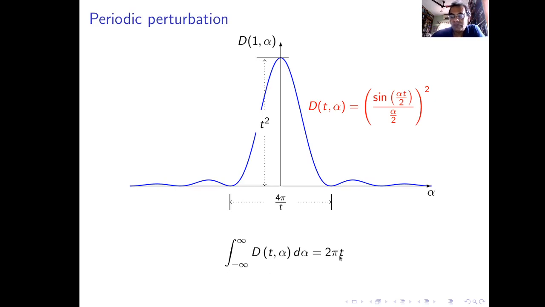So 1 by t times d_t alpha, this integrand, is something which becomes very high and very narrow as time increases, and in the limit of very large t, 1 by t d_t alpha is actually 2 pi delta alpha, because the integral or the area under the curve stays the same as 2 pi.